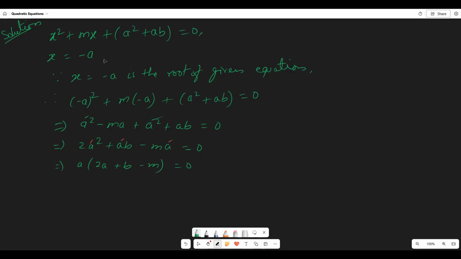If we divide both sides, LHS and RHS both, with a, a will be eliminated. It will be like this: 2a plus b minus m, and this will become 0.